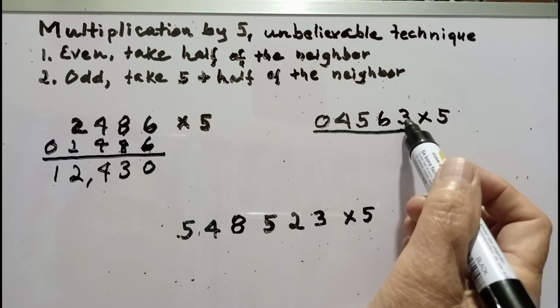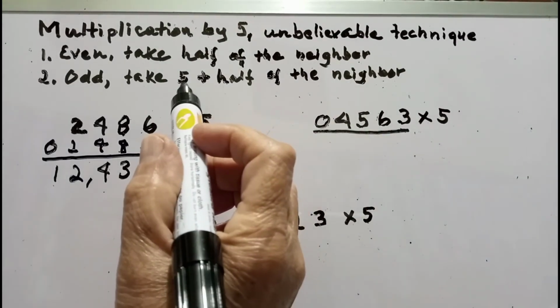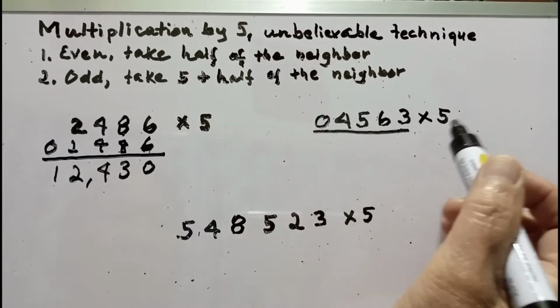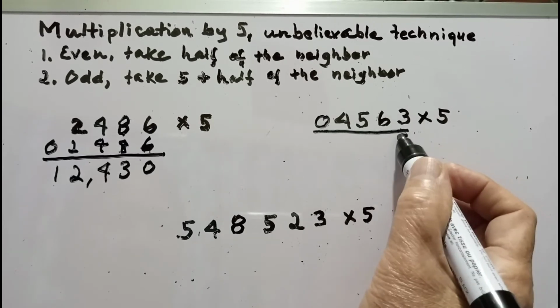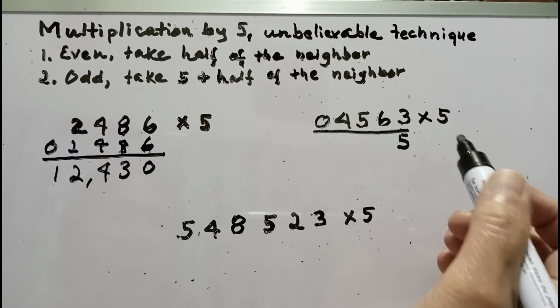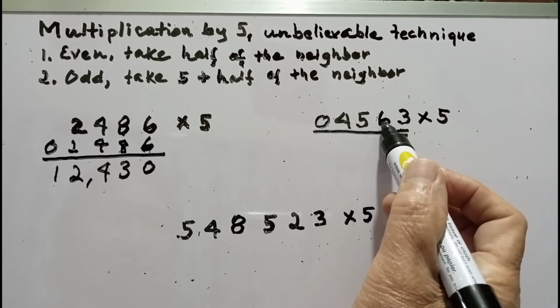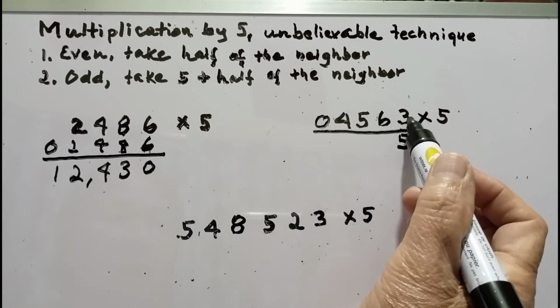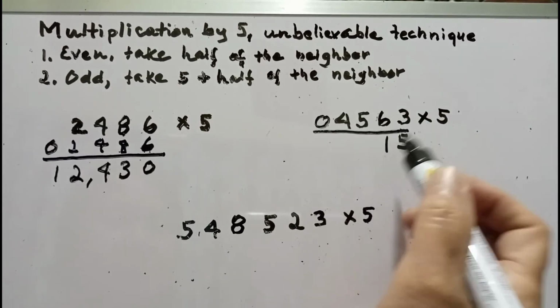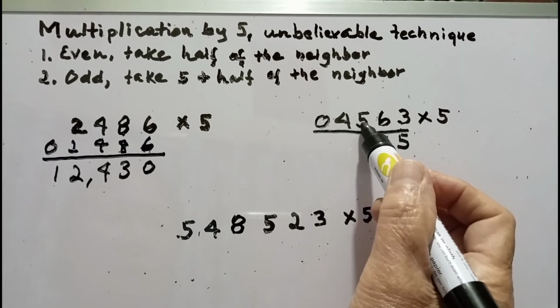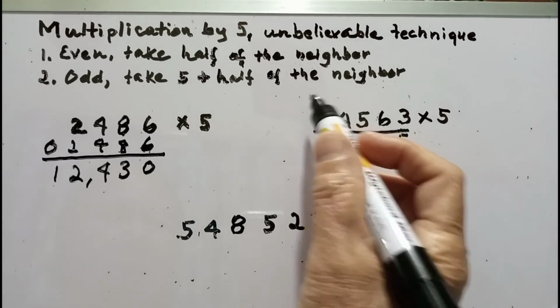So 3 is odd. So take 5 plus half of the neighbor. It has no neighbor, so just write down 5. 6 is even, so take half of the neighbor 3. It is 1. 5 is odd again, so take 5 plus half of the neighbor.